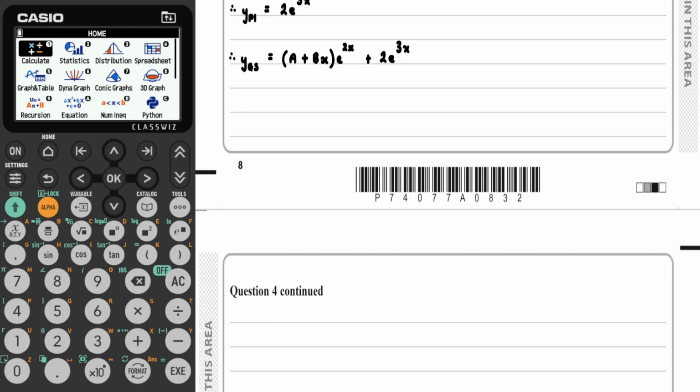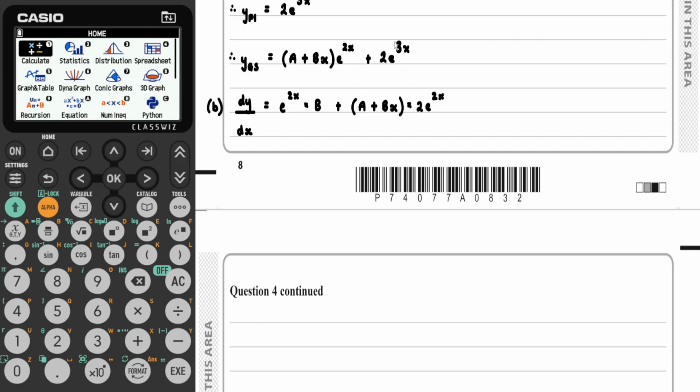Before we do anything else, what we need to do is find out what dy over dx is. So we need to differentiate the general solution. And we can do this using the product rule. We have e to the 2x multiplied by the differential of a plus bx, which is just b, plus a plus bx multiplied by the differential of e to the 2x, which is 2e to the 2x.